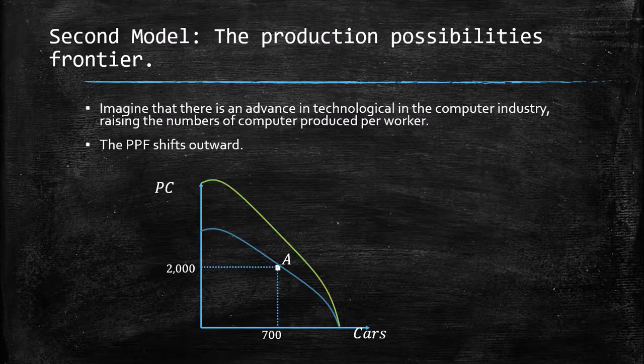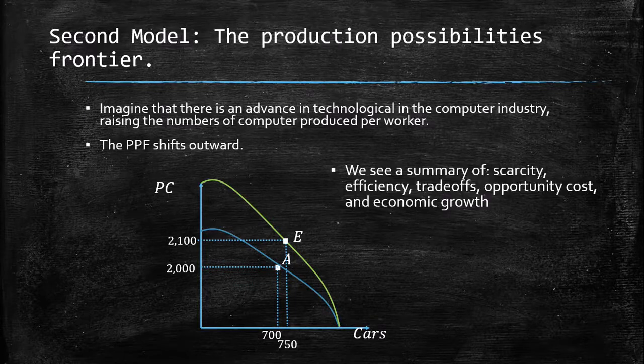On the other side, with personal computers, if I use all the resources available in the economy, I can reach a higher point, over here. So we can pass from producing 700 cars to 750 cars and 2,100 personal computers. This is point E. This is due to economic growth.